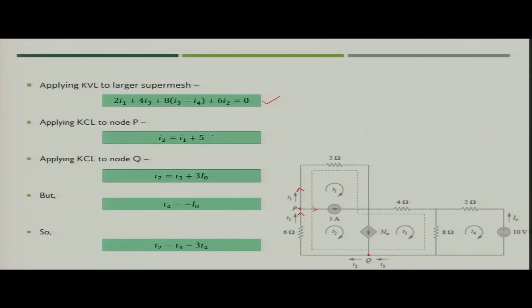You can write I2 simply as I1 plus 5. Now, you have got the second equation; this was your first equation.